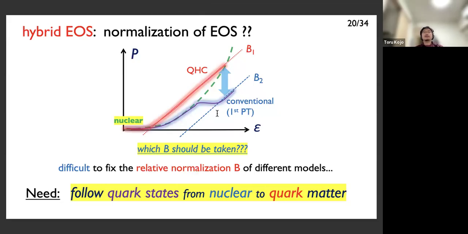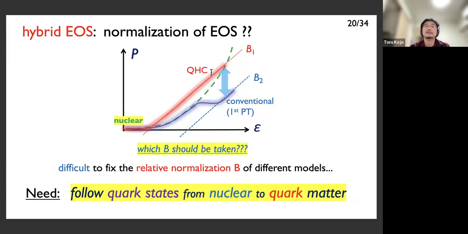This normalization issue is serious when we try to construct a hybrid equation of state, which is a combination of a hadronic equation of state at low density and a quark matter equation of state at high density. The problem is that when we prepare the hadronic and the quark equation of state independently from two independent models, there is no way to fix the relative normalization constant because they are based on two different models.